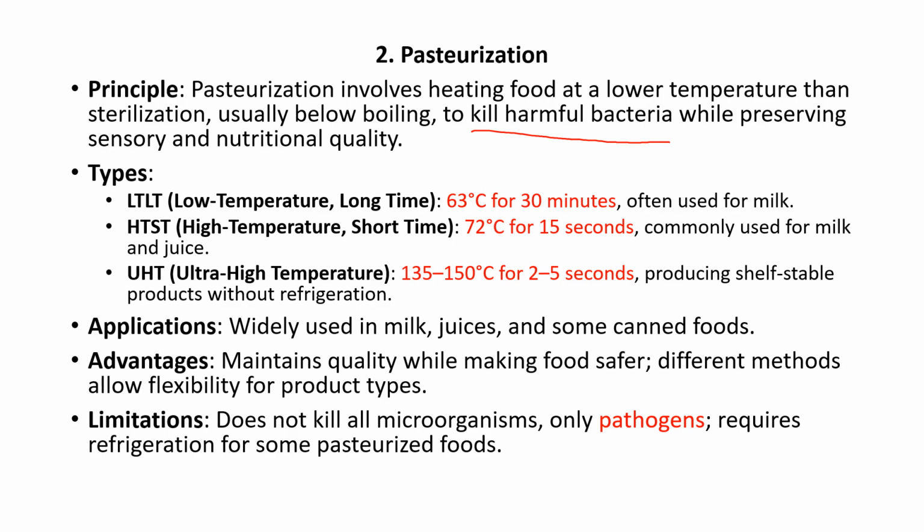Now, the limitation: it does not kill all microorganisms. It only kills the pathogens and requires refrigeration for some pasteurized foods. So if they ask which pasteurized food can have stability without refrigeration, it is ultra high temperature used in the pasteurization method.